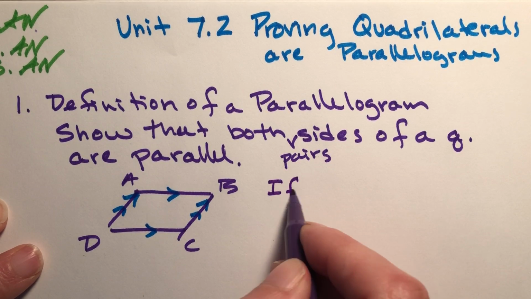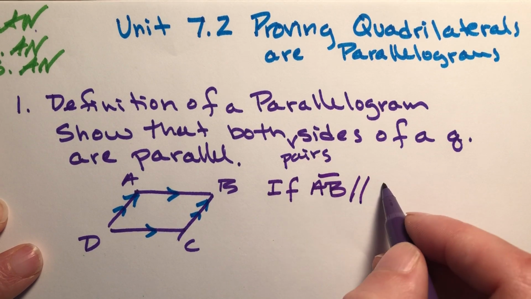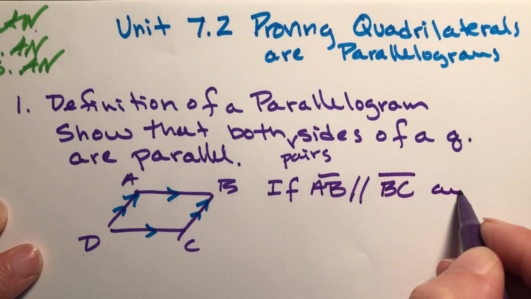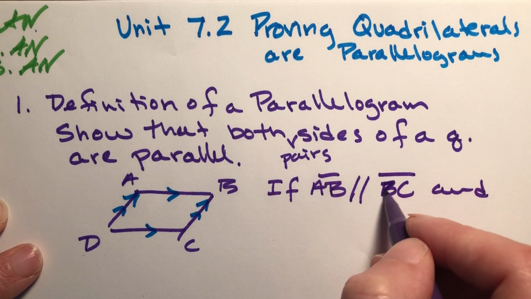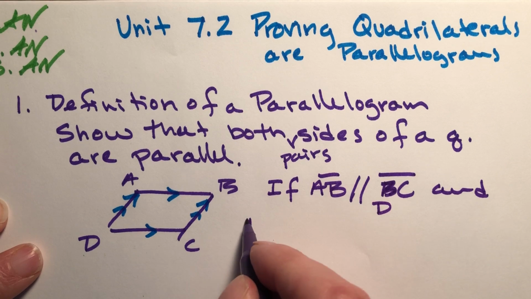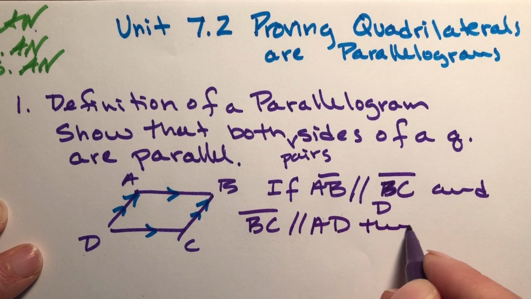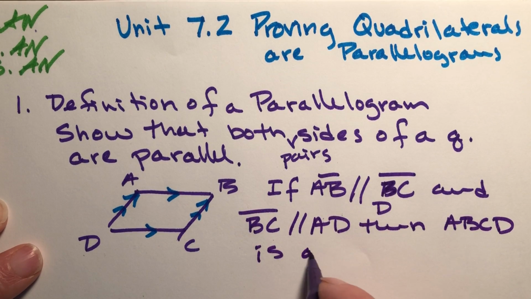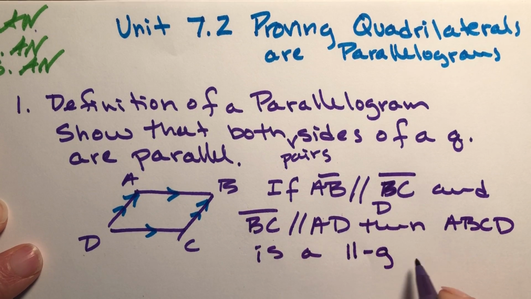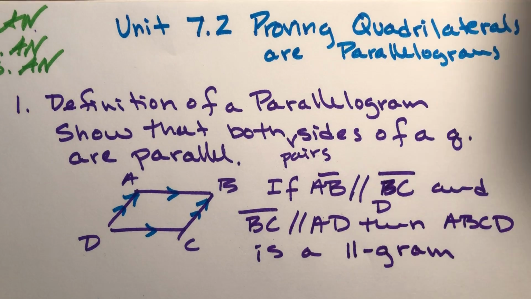So if AB is parallel to DC, and BC is parallel to AD, then ABCD is a parallelogram. So that's one way. We have 4 more ways.